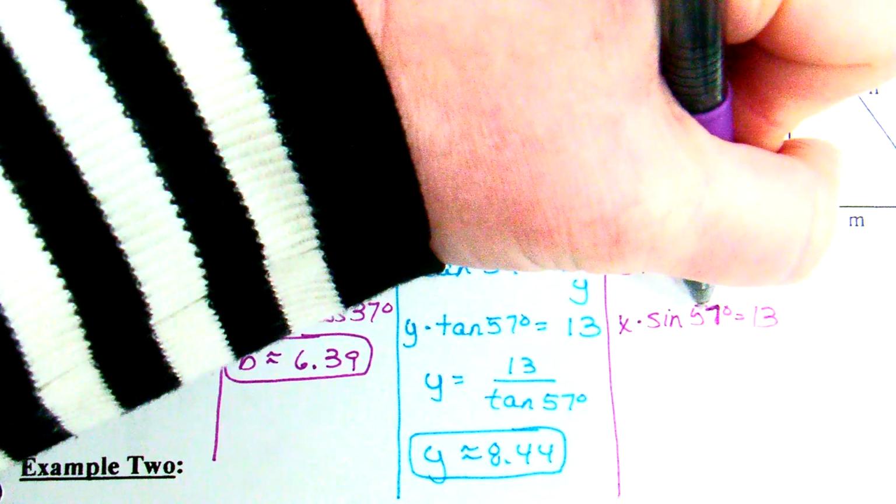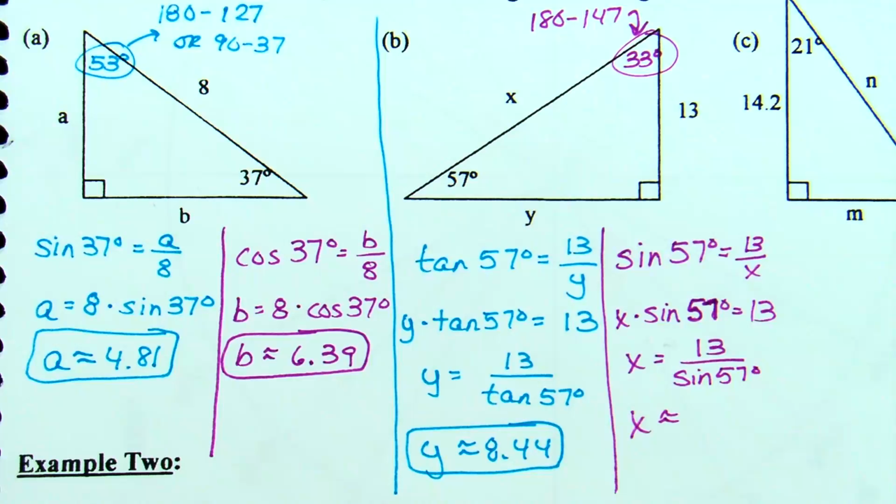So x is 13 divided by sine of 57 degrees. What'd you guys get? 15.5? 15.50, so that is approximately 15.5.